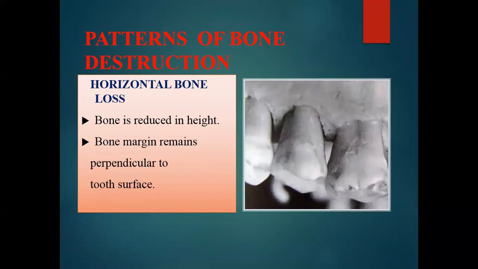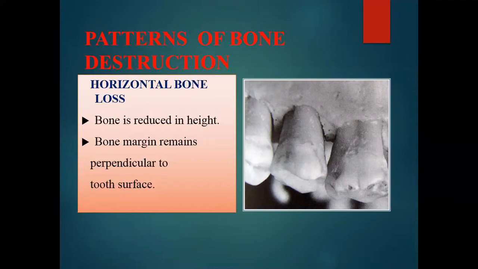Next, we go to the patterns of bone destruction. Apart from fenestration and dehiscence, we have pathological conditions like periodontitis and tooth decay, and trauma from occlusion also causes bone resorption. We see various patterns of bone destruction.